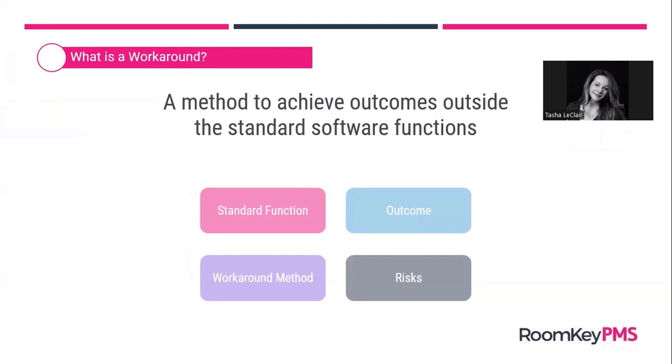If you want to achieve an outcome that is outside of those standard functions, we recommend a workaround method that involves steps that you need to perform manually or setup that needs to be created inside the database in advance in order to achieve that outcome. Now, with all outcomes, there are some risks that are involved with using these workaround methods. So we'd like to identify those as well as we go through with describing the methods that we'll see in today's presentation.